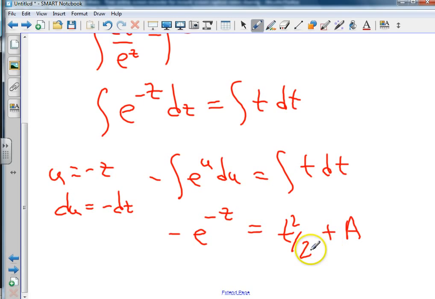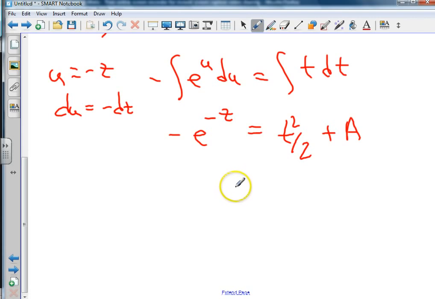Okay, so now, can we get A? They said it goes through the origin. When t is 0, z is 0. So let's plug in 0. By the way, I could rewrite this as a fraction: negative 1 over e to the z. Let's write it that way, just to make it easier to play with.